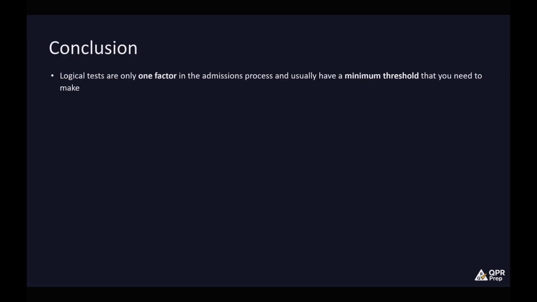Let's wrap this up with some key notes I want you to remember. Logical tests are only one factor in the admissions process, and there is usually a minimum threshold that you need to make. You can improve your score by practicing and applying a structured method, such as the QPR.